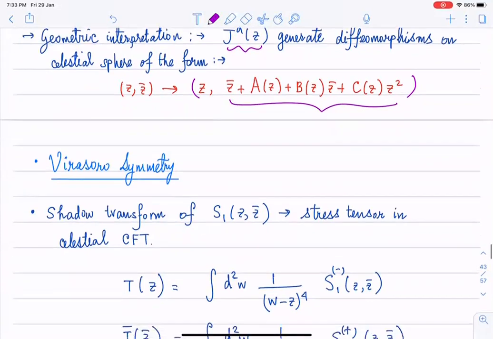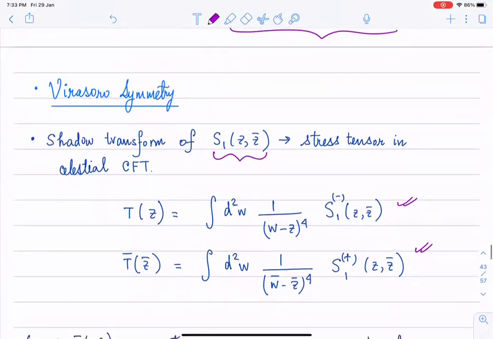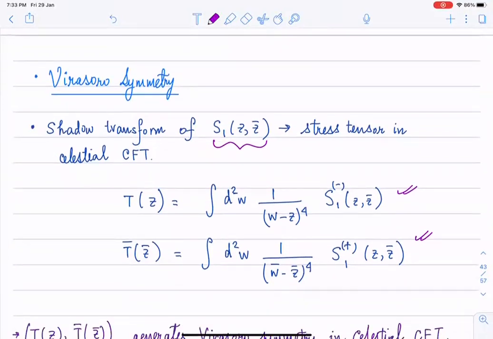Now it turns out that if you take this subleading conformal soft graviton operator, which was denoted by S1 of Z, Z bar, and if you do what is known as a shadow transform, which is basically some integral transform of the following form, then the point is that if you do this integral transform, you can define some new set of operators, which I have denoted as T of Z and T bar.